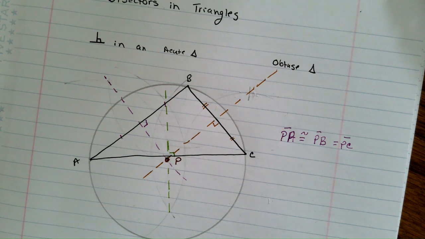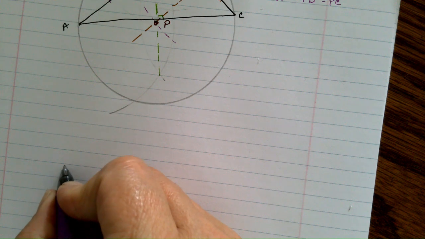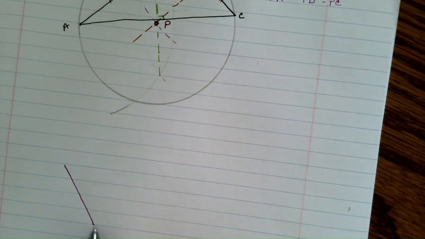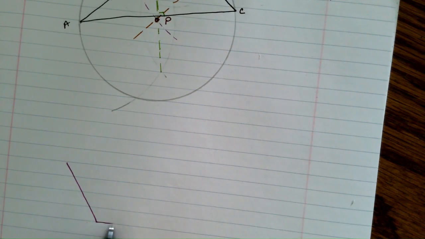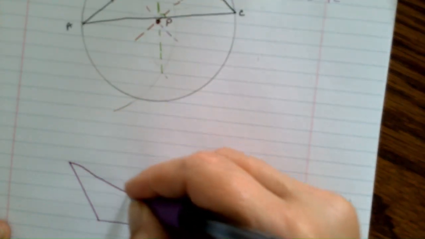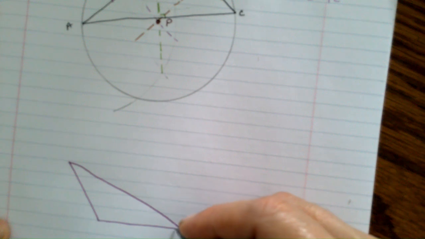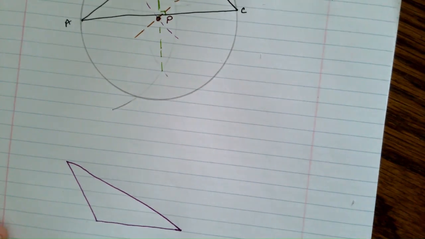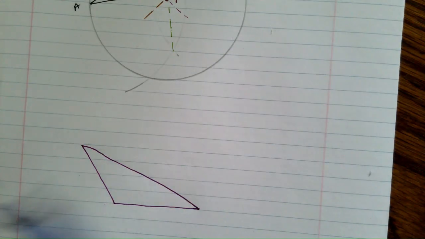Okay, so that was an acute triangle. What if we did an obtuse triangle? Okay, make sure that when you draw it, you get an obvious obtuse. All right, shorten this up.